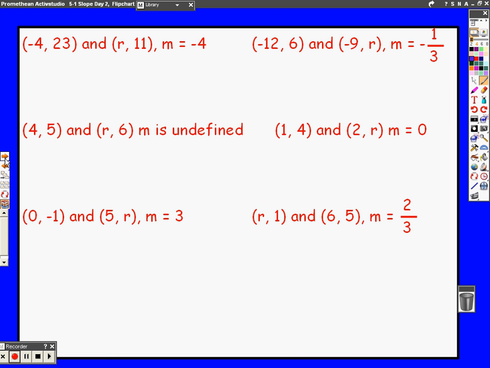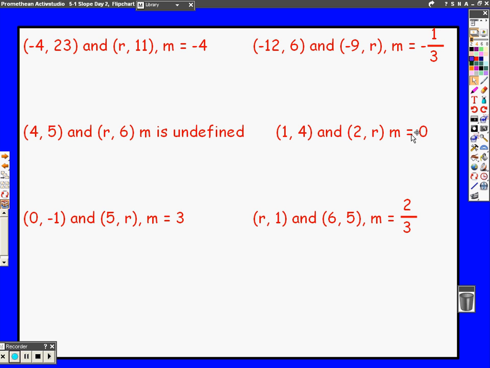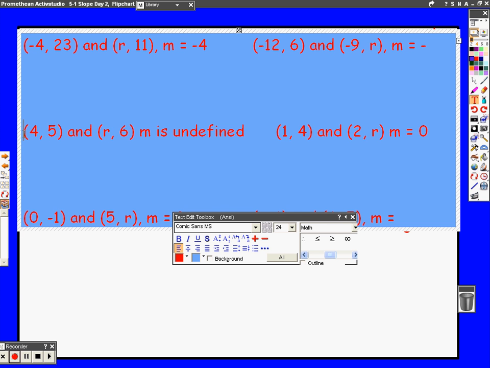I would like to do one more example. And I'm just going to make more space here.